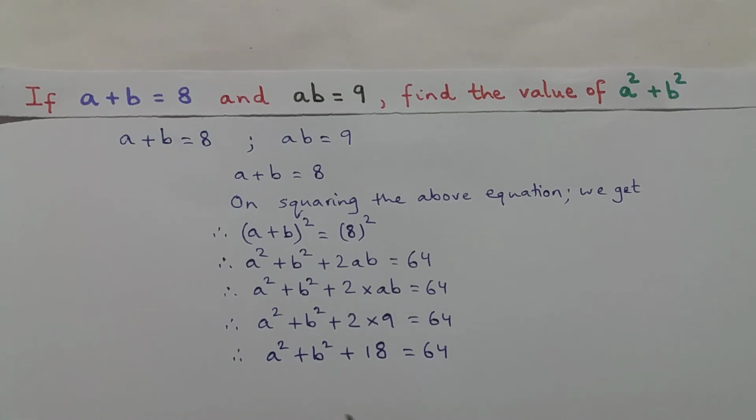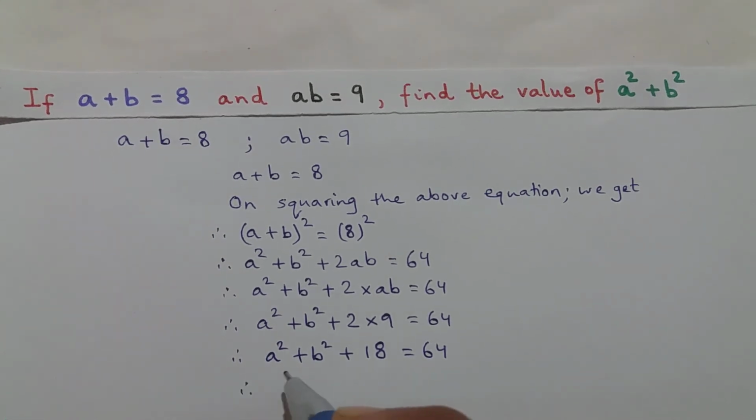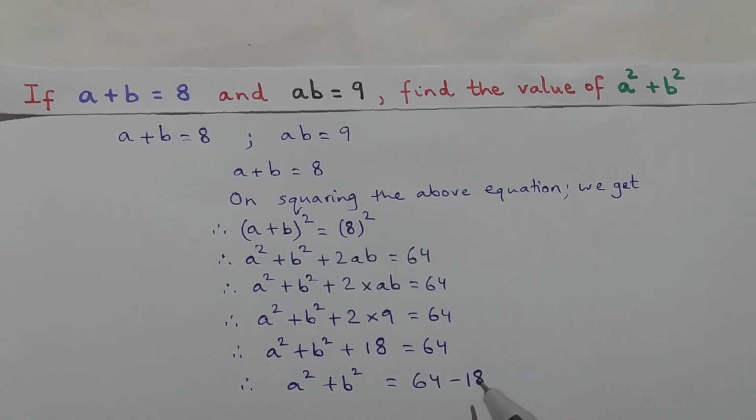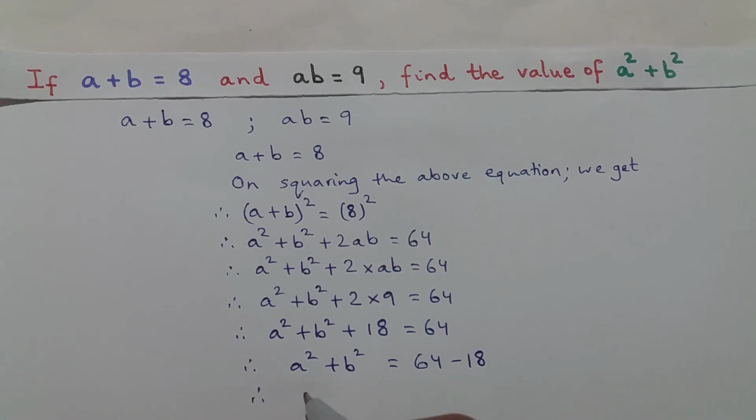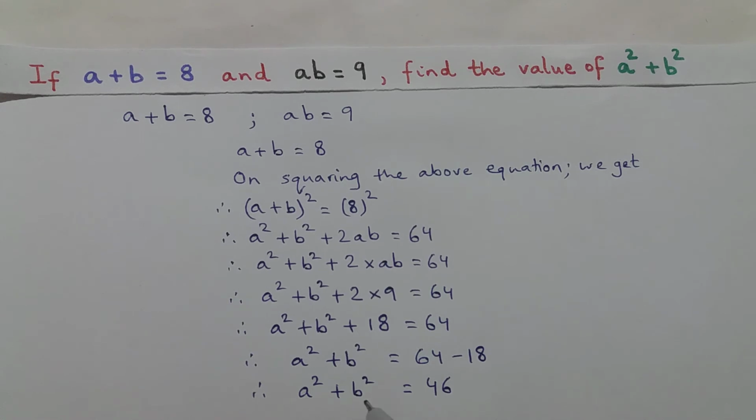From here we can find the value of a square plus b square. a square plus b square is equal to 64 minus 18, which is 46.